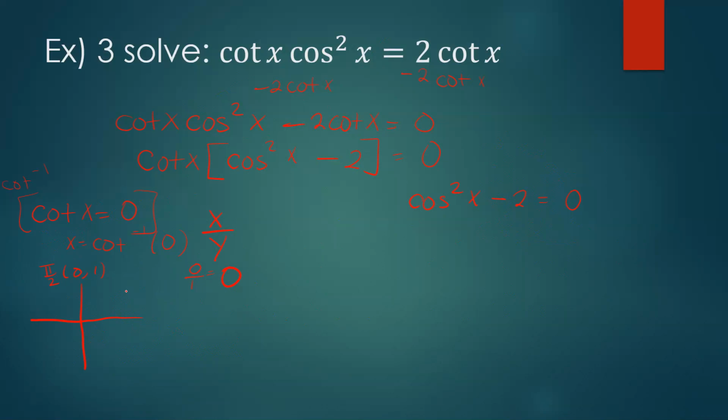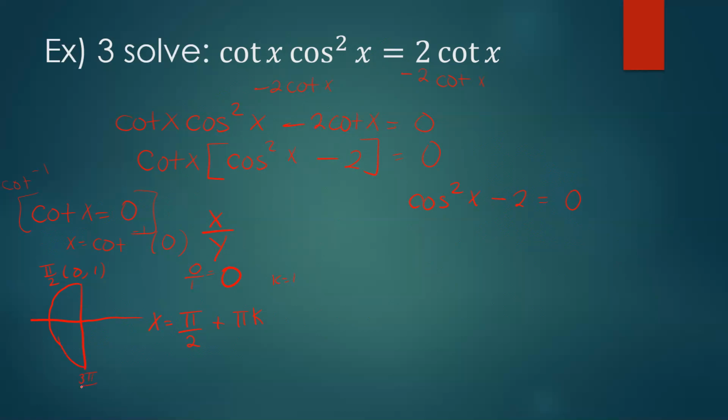So this solution is going to be x equals pi over 2, or you could do 90 degrees, it's the same thing, plus pi k. And the reason why I use pi k is, let's say if you said k equals 1, you would be right here, right?